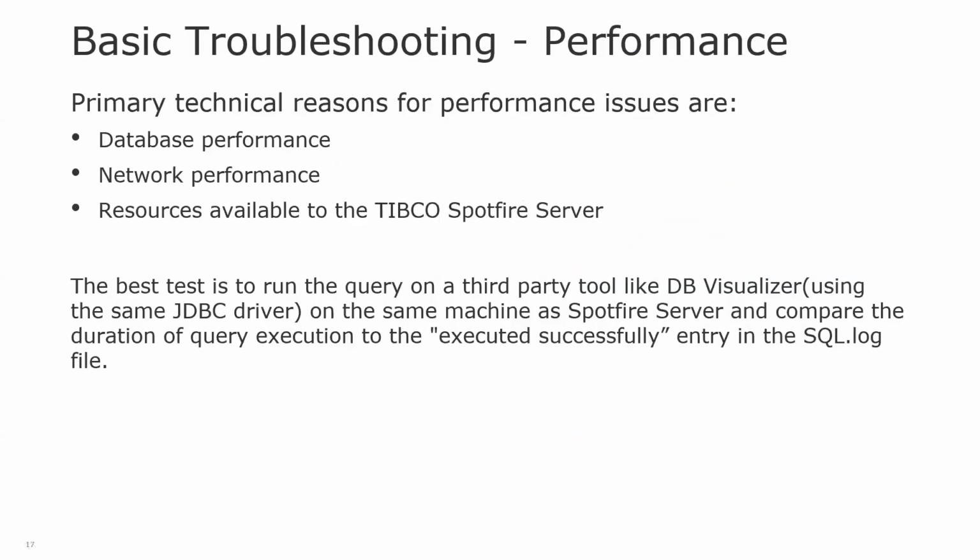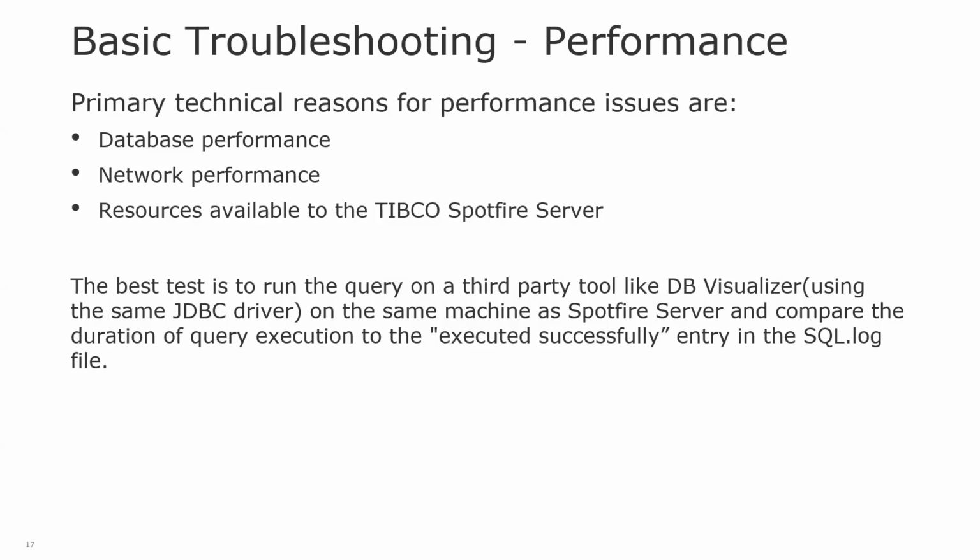Now, most often we get use cases from customers saying that the performance of the information link is not up to the mark. The primary reasons could be the database performance, network performance, or the resources available to the TIBCO Spotfire server.